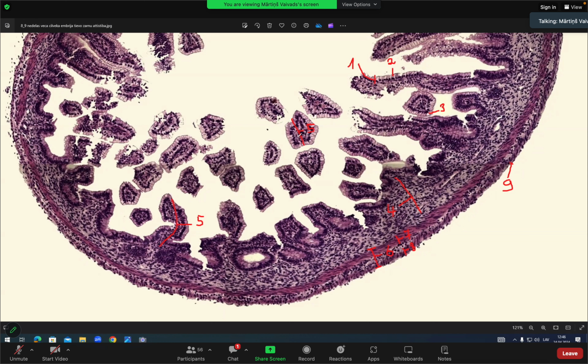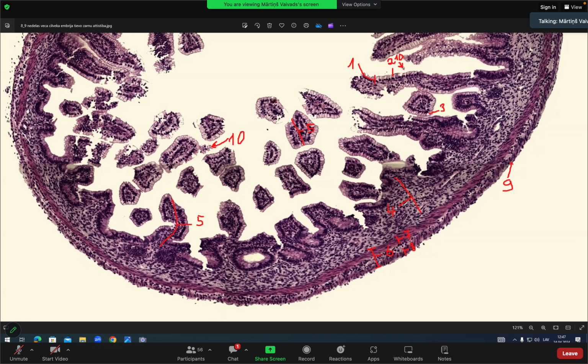Then, what else? If you check the inside of the intestine, you might see some epithelial fragments that are broken apart. For example, here, there are maybe some fragments like this one. I'll put number 10 next to these small fragments.